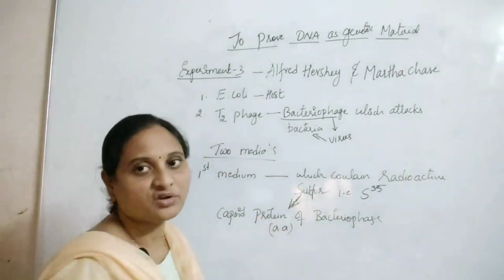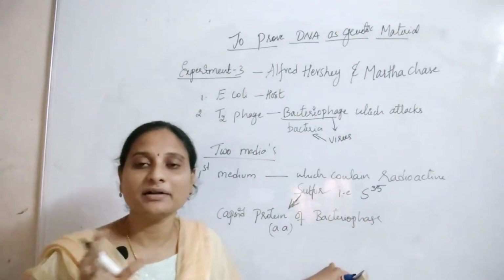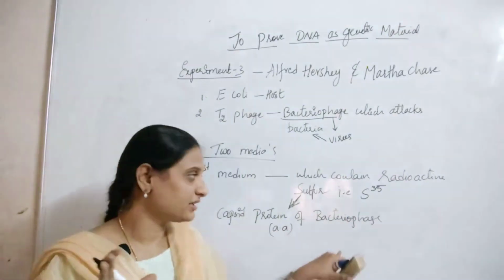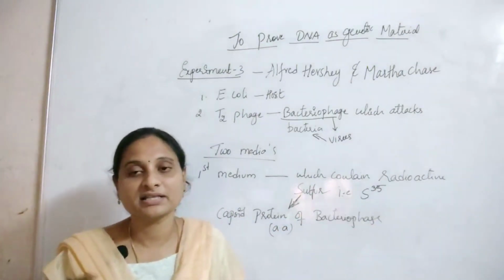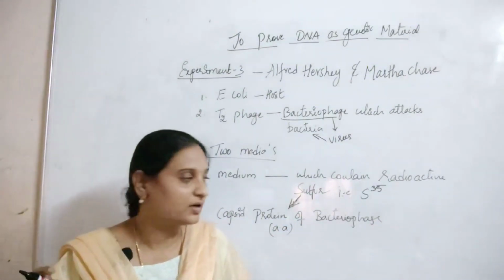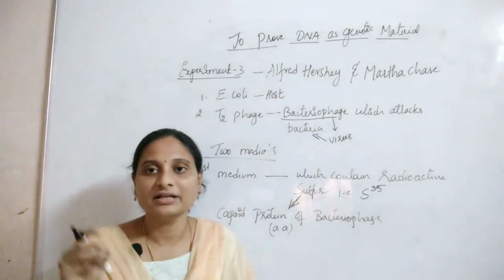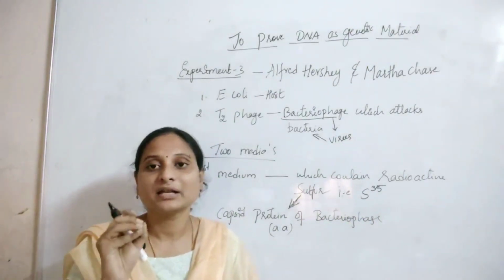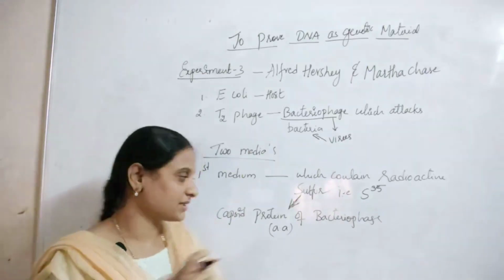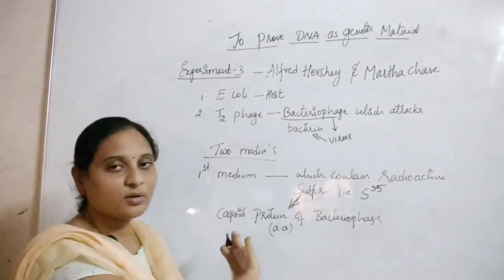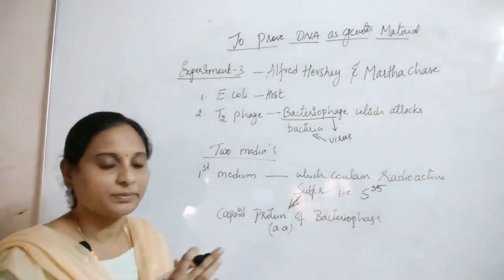As we saw in the structure of bacteriophage, the head part is made up of capsid protein. So when we culture the T2 bacteriophage in a medium containing radio-labeled sulfur, immediately the sulfur will be incorporated into the sulfur containing amino acids present in the protein capsid.